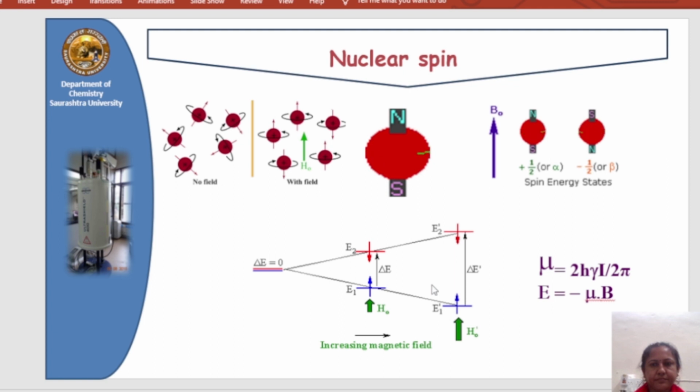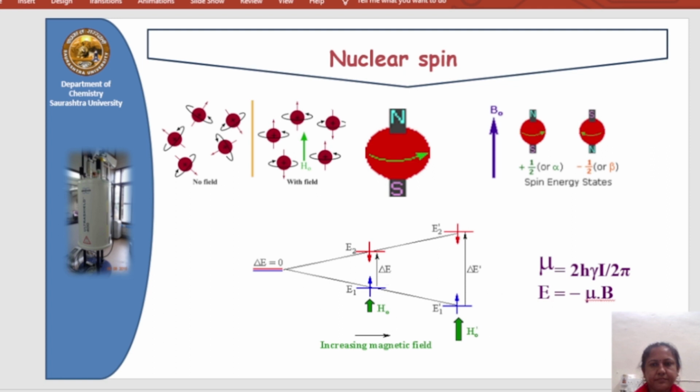For chlorine, I is 3 by 2. So 2 into 3/2 plus 1 is 4. So here we get plus 3 by 2, plus 1/2, minus 1/2 and minus 3 by 2. According to that it will take place, and this is calculated on that.